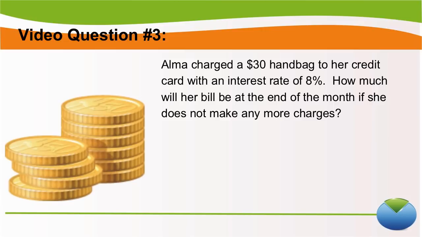Video question number 3 says, Alma charged a $30 handbag to her credit card with an interest rate of 8%. How much will her bill be at the end of the month if she does not make any more charges? Work this out. Pause me. Come back when you're ready for question number 4.